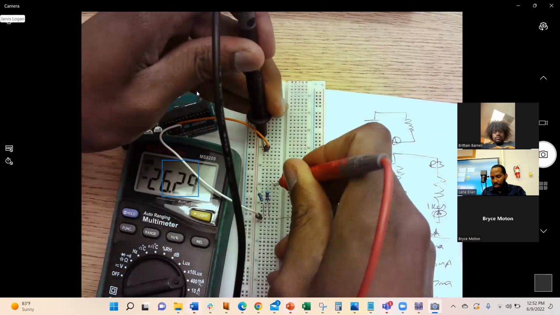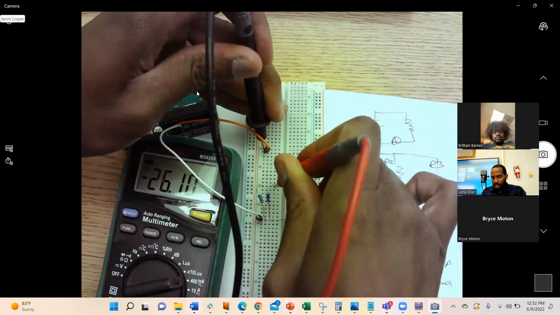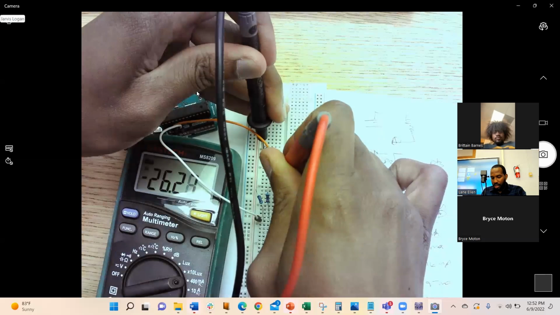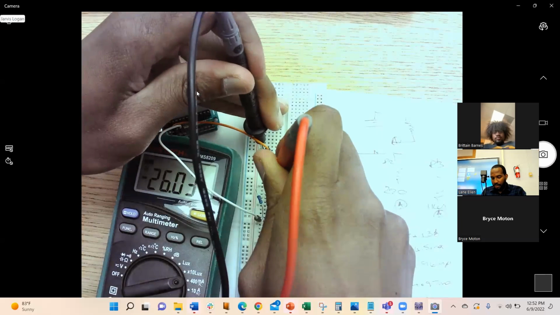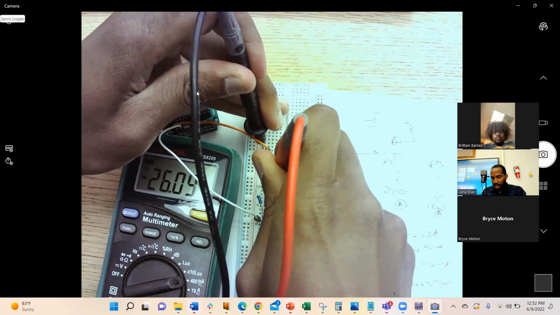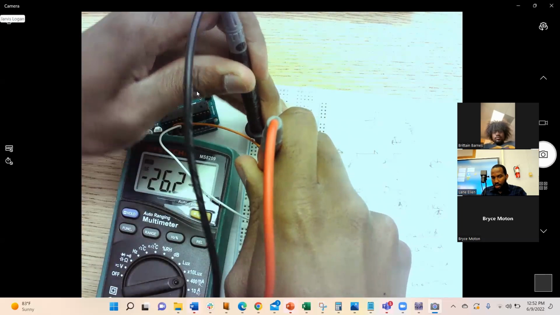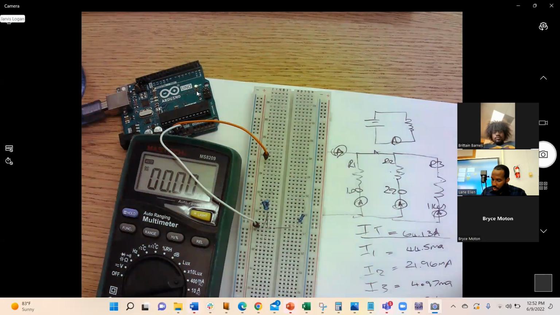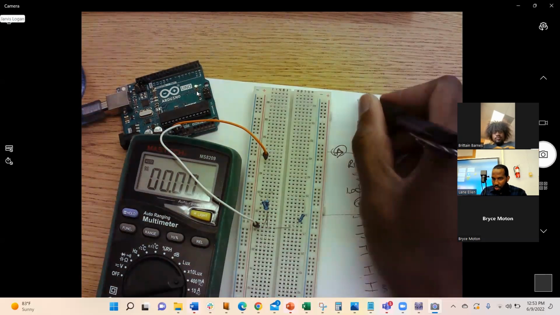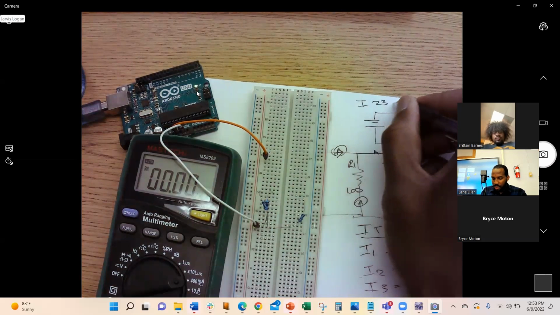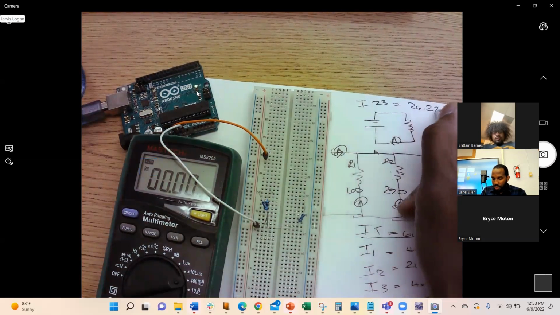And again, it's going to be 26 point, let's make sure we have some good contact. 26.23 milliamps. So call this I23. 26.27 milliamps.